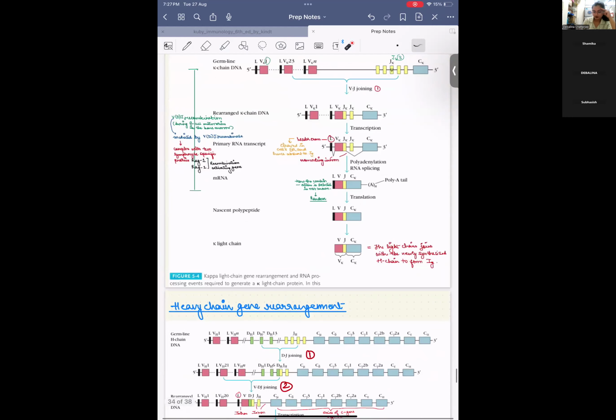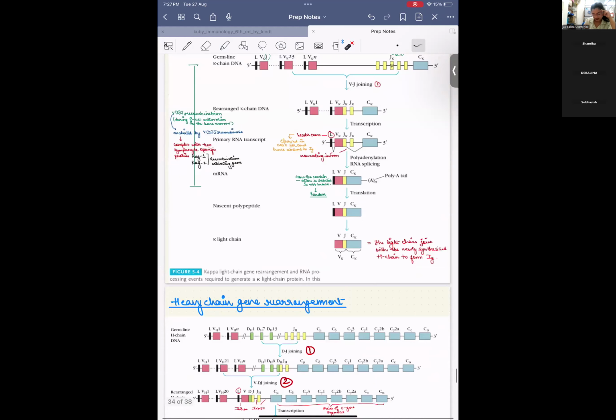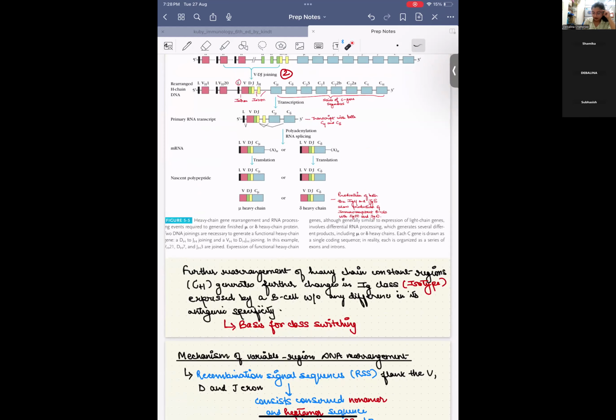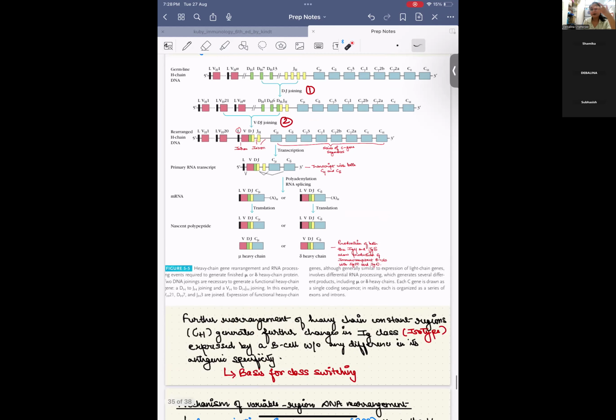See what happens. Just take a minute to read this. The rearrangement of the heavy chain constant region generates the IgG class, but without any difference in its antigenic specificity. Why so? Because in a plasma cell, this combination is fixed.